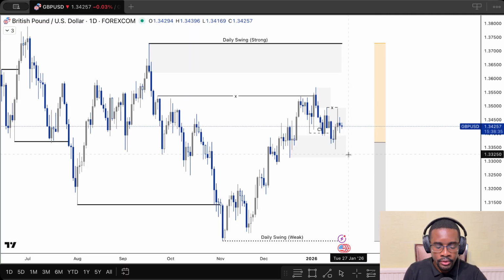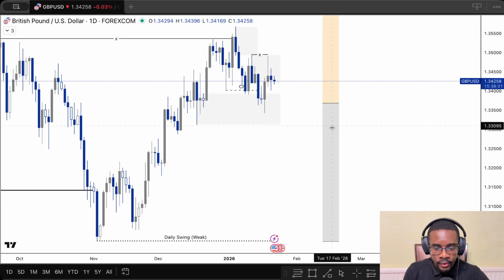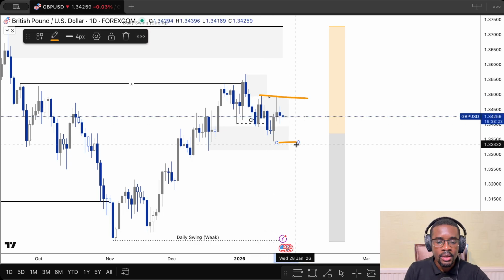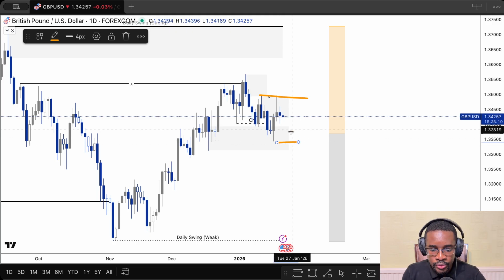So now looking at today, I'll start on the pound. The analysis is still the same. Price is pretty much ranging right now, in a tight range. So we may have to wait until price either sweeps the high or breaks the high, or comes down, sweeps and breaks the low.